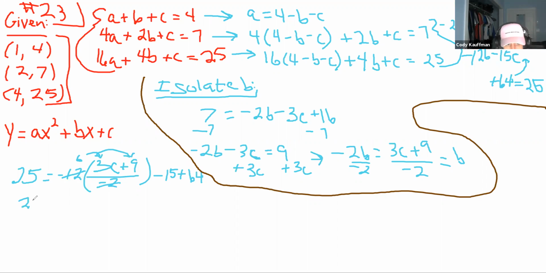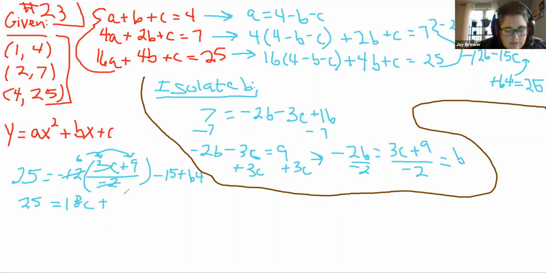So we get 25 equals, and we're going to distribute that 6. So 18c. And then what's 6 times 9 give us? 54 minus 15c plus 64.